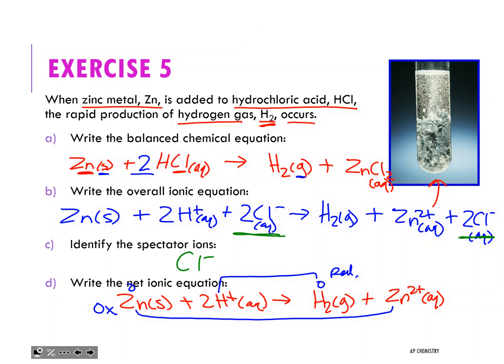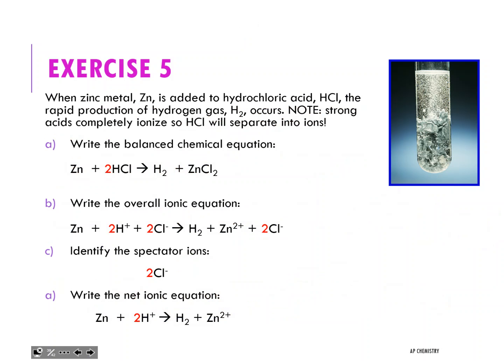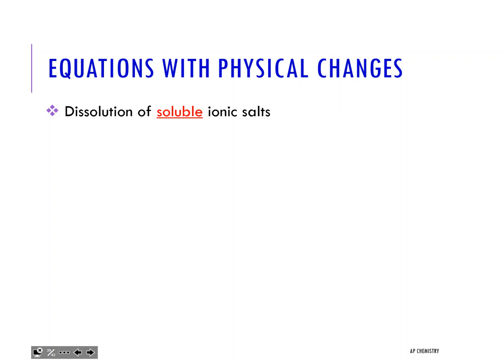All right, a couple more things, talking about physical changes, different ways to write the equations for physical changes. Dissolution of soluble ionic salts. This would be like the balanced molecular equation here. All you have to do is write it as solid going to AQ. That's pretty easy.